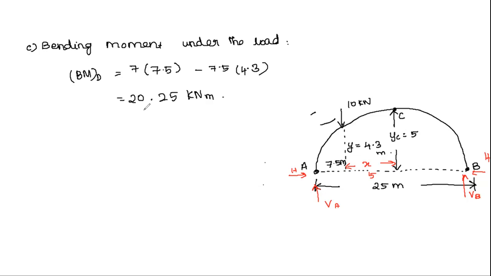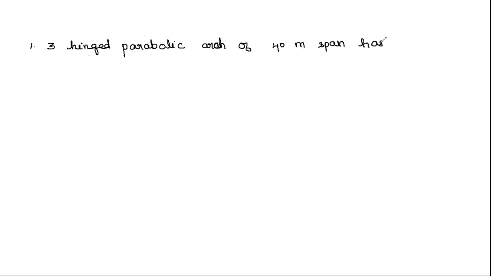So let us see one more on the three-hinged arch. Note down the sum. A three-hinged parabolic arch of 40 meters span at unequal levels.